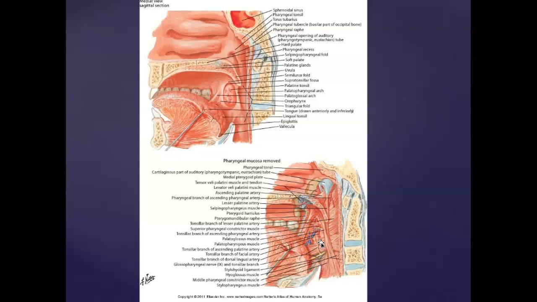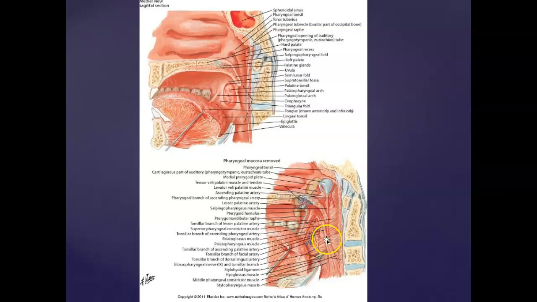Branches from the lingual artery come right into the tonsillar bed there. Tonsillar branches from the facial artery will also enter this area. The lesser palatine artery is going to have a branch that comes up into the tonsillar bed here, as well as the ascending pharyngeal. Remember that one from the external carotid? That's going to travel on the outside of the pharynx and then pierce the superior constrictor here, entering that tonsillar bed as well.